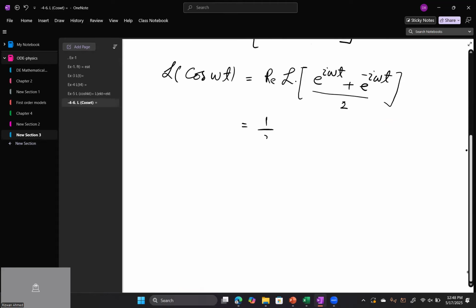So it will be a real part of the Laplace transform of e raised to the power iota omega t. So I can write it using the Laplace transform of e raised to the power at.